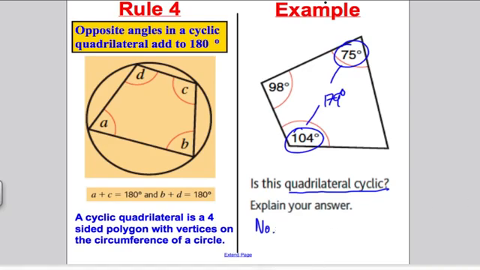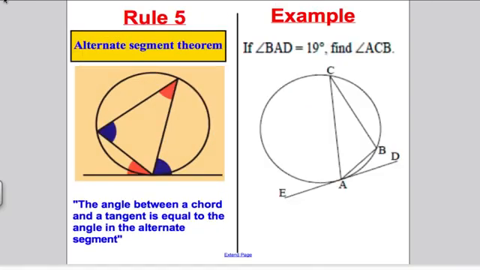Okay, right, we've got 3 more rules to go. Let's just get through these as quick as we can. Here's rule 5. It's called the alternate segment theorem. It's a fairly complicated rule to remember, but if you just try and visualize this picture, it says whenever you have a tangent, remember a tangent is a line that touches a circle at one place here.